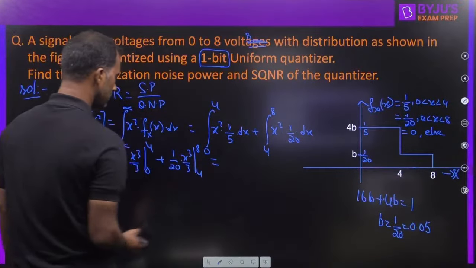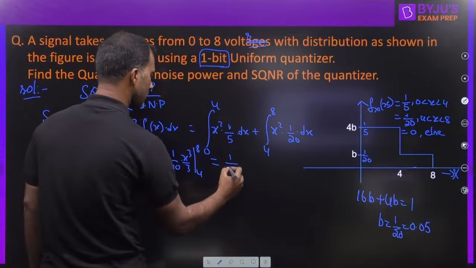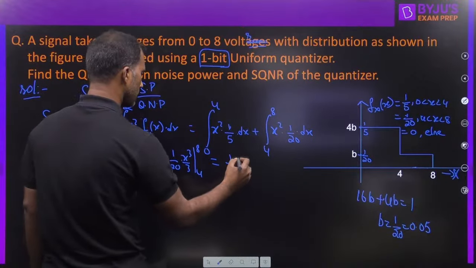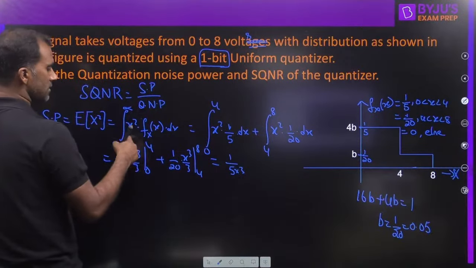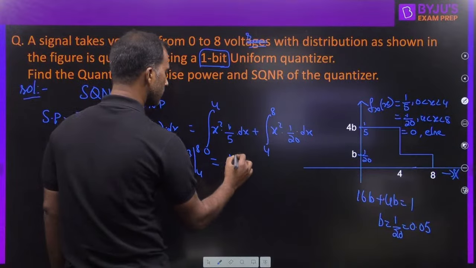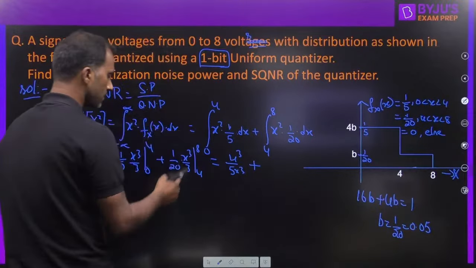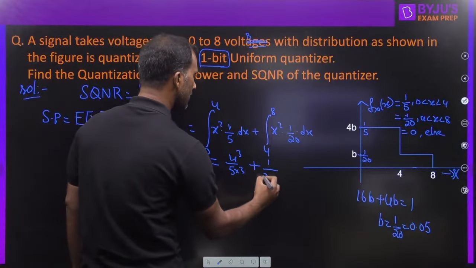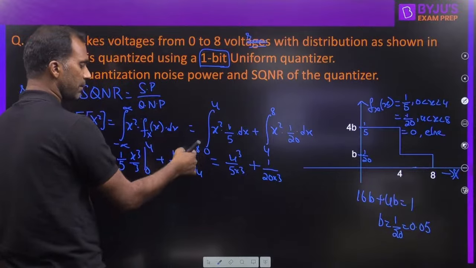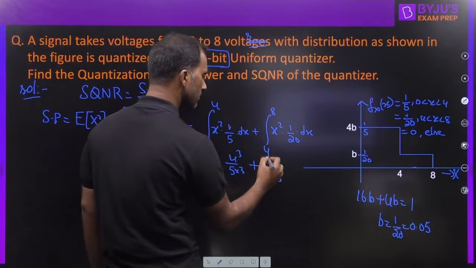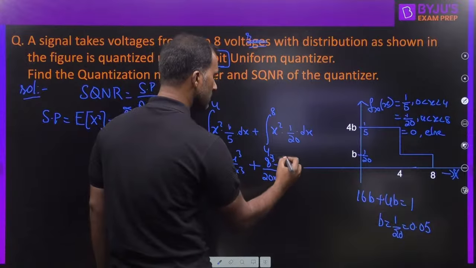So this is equal to 1 by 5 into 3, x cube, 4 cube minus 0 cube, it will become 4 cube only, plus here it is 1 by 20 into 3, upper limit is 8 cube minus 4 cube.